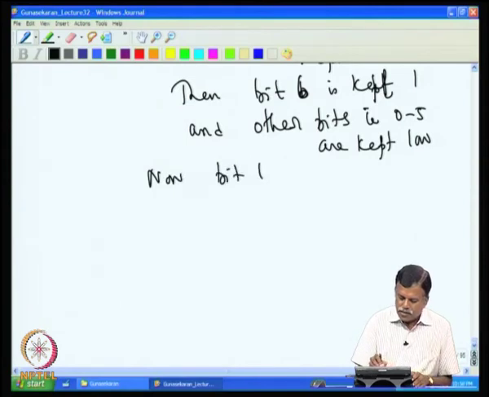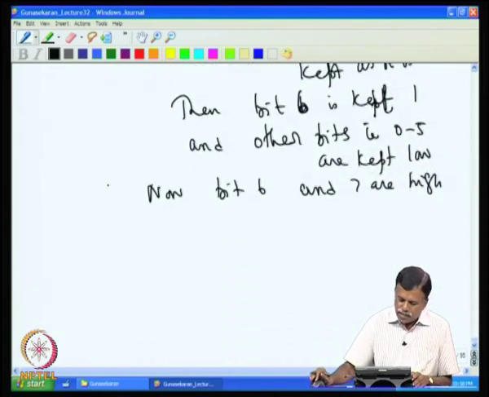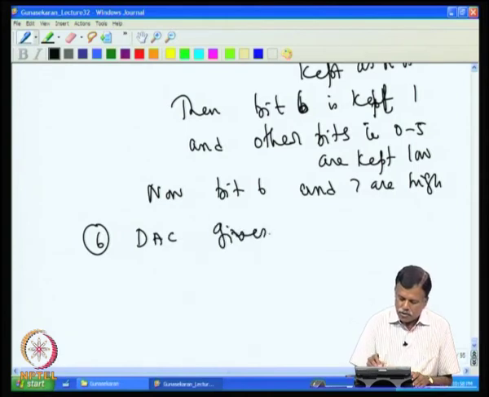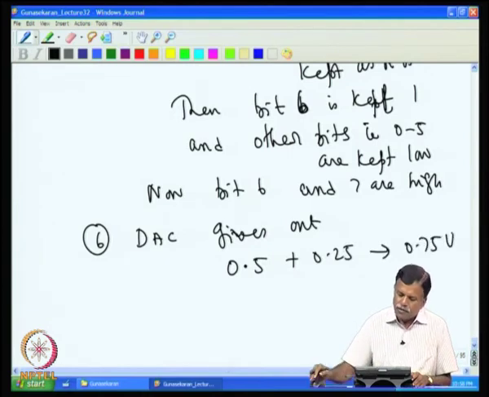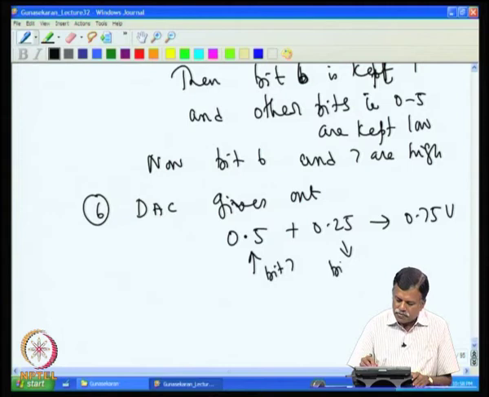Now, the DAC responds and gives out 0.5 volt for bit 7 and 0.25 volt for bit 6, which corresponds to 0.75 volt. This is for bit 7, and this is for bit 6.